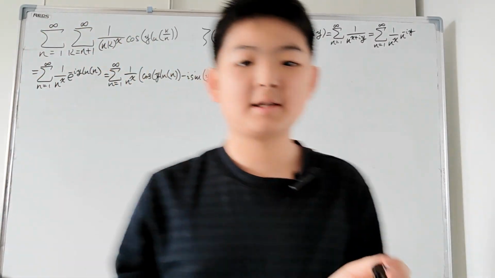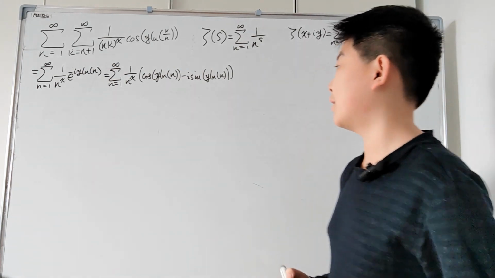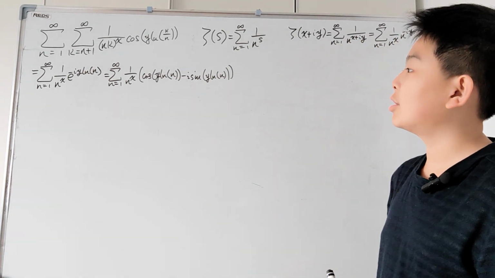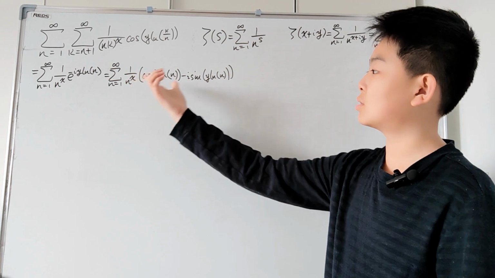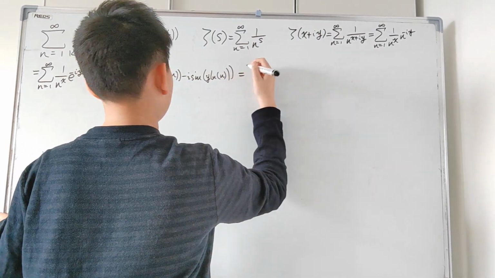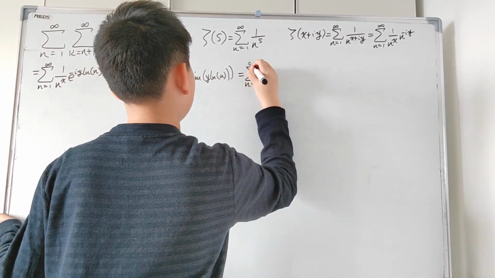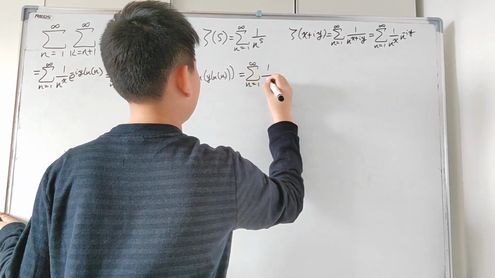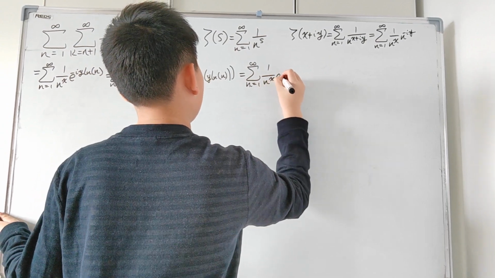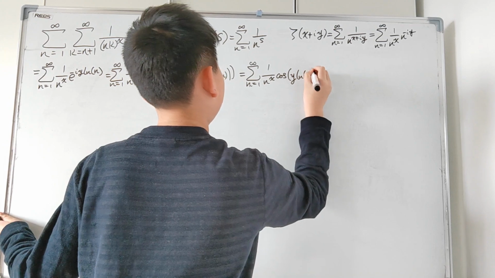And this is going to be the thing that we're going to be using for the majority of the video. And what we're going to do is split it up into two sums, a real and an imaginary part. So we have a sum, n equals 1 to infinity, of 1 over n to the x times the cosine of y natural log n.